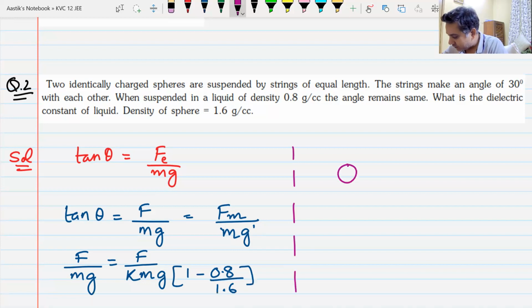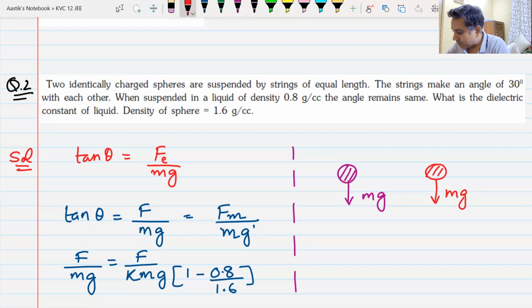See, this is the sphere. In air, the weight is mg. There is no buoyant force. When it is dipped inside the liquid, the weight is still mg, but then we have a buoyant force Fb. So its weight becomes the apparent weight. That becomes mg minus Fb.